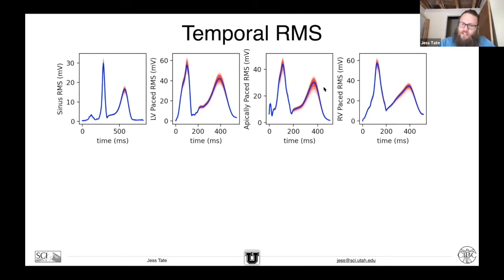What we're seeing here is the median RMS potential over the epicardial surface, as well as the quantile bands in red, with the darker bands being closer to the median. As we can see, the variation or the uncertainty is proportional to the amplitude of the signal, which I don't think is surprising to anyone.